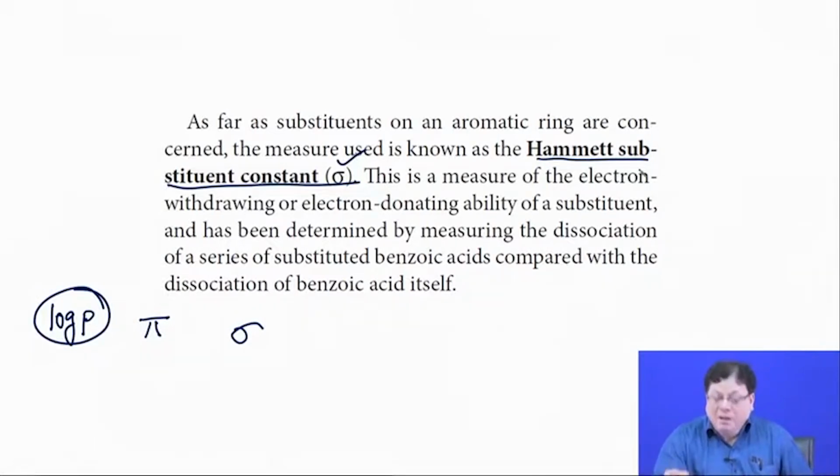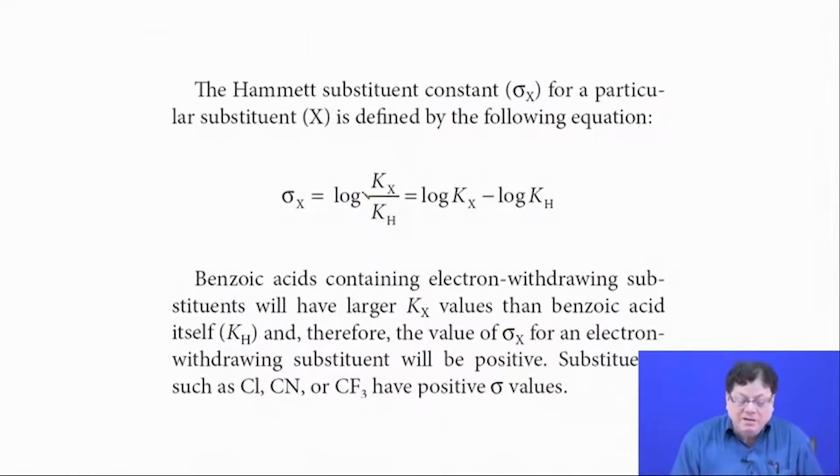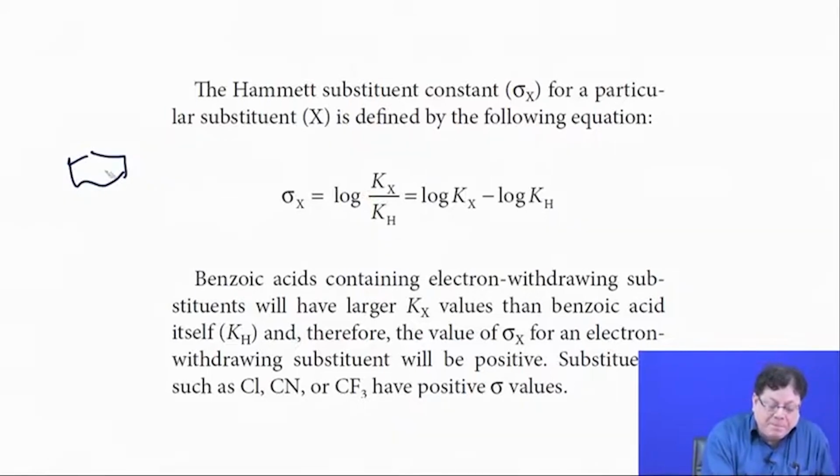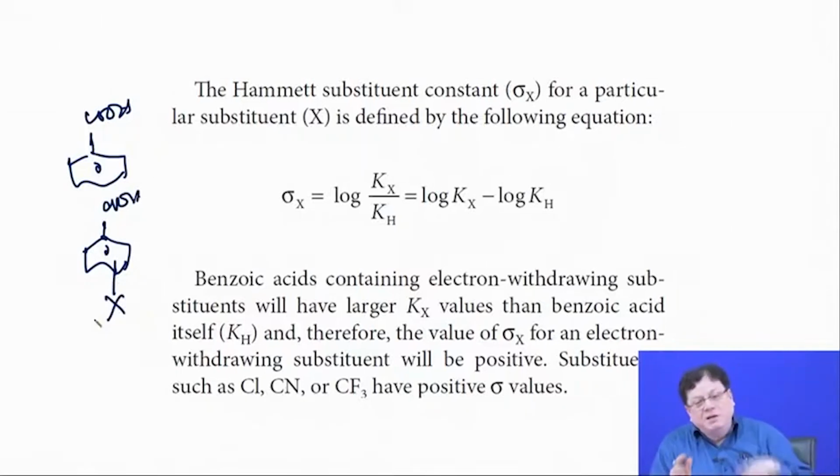Now, this electronic parameter, how do you calculate, quantify that? What Hammett did is that he took benzoic acid and then put a substituent in benzoic acid and determined the dissociation constant of these two acids.